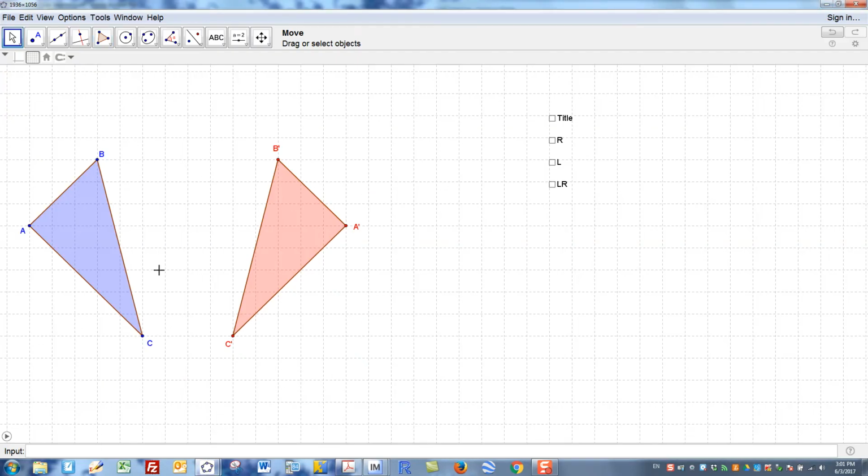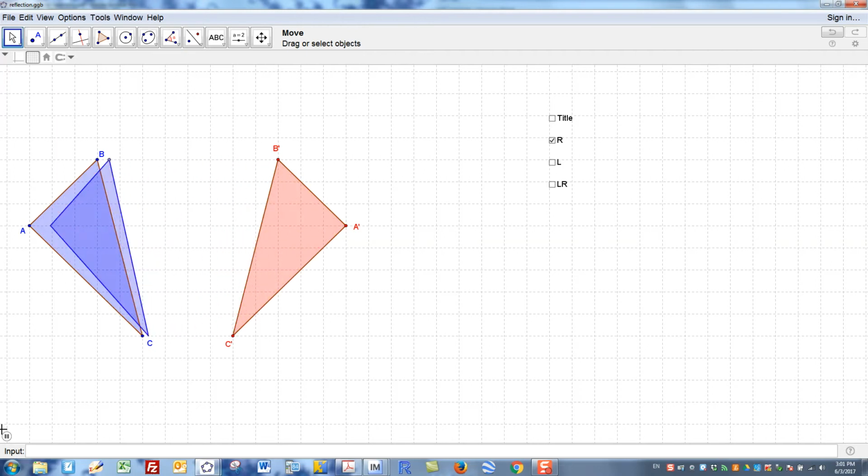Let's take a look at the reflection activity here. One thing I love about reflection is that students usually notice that it's the only one of the three isometric transformations that reverses orientation. It seems like if you make the line of reflection vertical, they usually recognize it pretty quickly. So there's the reflected triangle. I tried to make this look kind of like a page turning in a book.